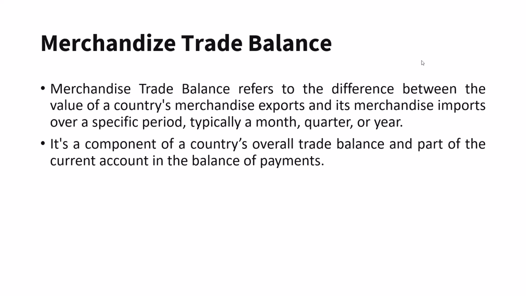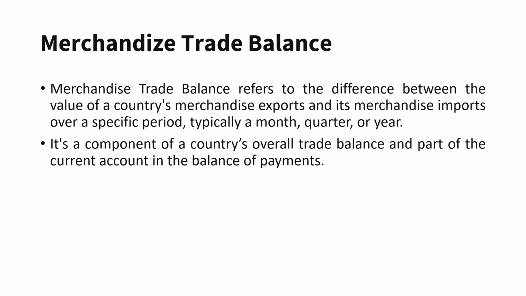So if we have merchandise imports and merchandise exports, then we take the difference: exports minus imports gives us the trade balance. This trade balance could be computed over a specific period of time, even a month, a quarter, or a year.